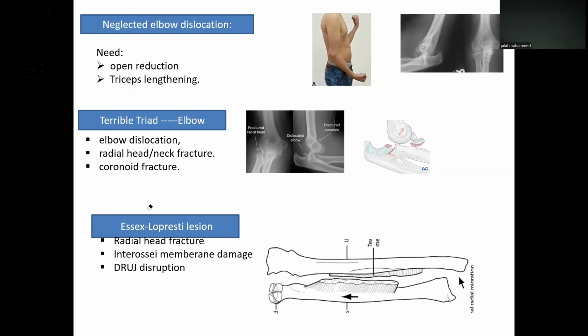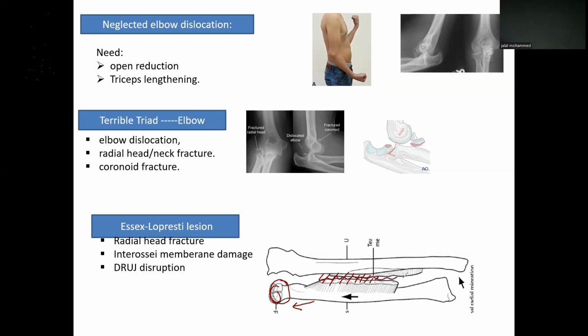Then the third one, which is also an important thing, is the Essex Lopresti lesion. This again we are going to come across when we are learning about radial head dislocation, or when we are learning about forearm fracture. What Essex Lopresti is: here we have the radial head fracture, and we have the interosseous membrane in between the radius and ulna. Due to the radial head fracture, the radius moves up.